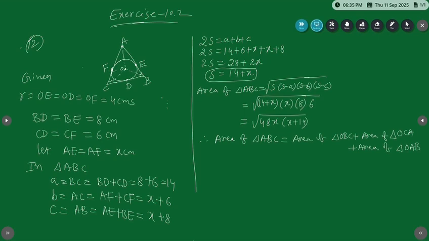On the LHS, the area of triangle ABC is the square root of 48X into X plus 14.